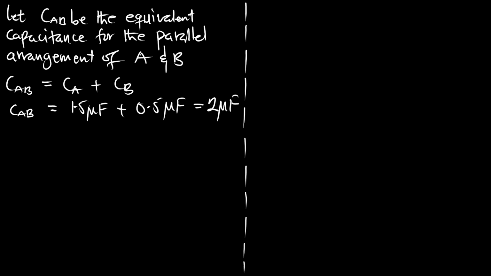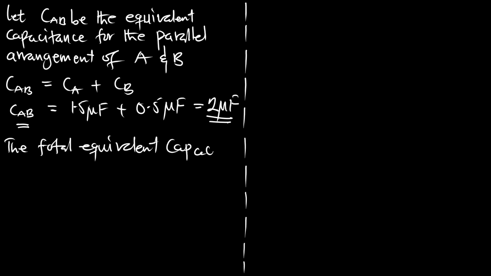So now we can see that this 2 microfarad, which is CAB, is in series with the 3 microfarad, and that will be the total equivalent. So now let's find the total equivalent capacitance, and that is going to be CT.